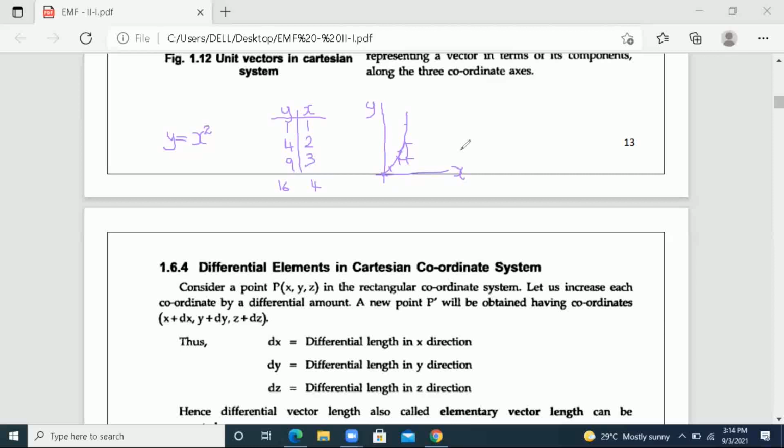Now, let us not put a value on it. To go from y at this point to y at this point, we change by a very small fraction of y, right?